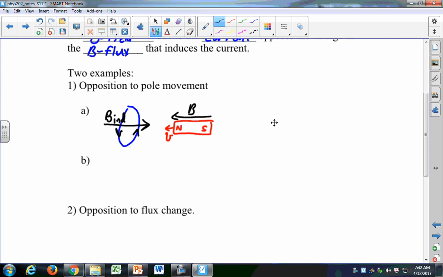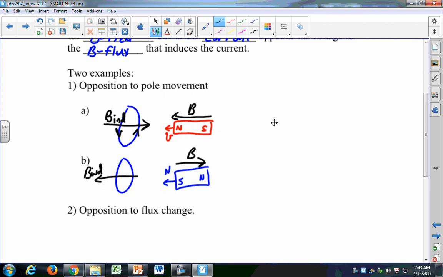And so, similarly, if I have a coil of wire like this, and I have a magnet that looks like this, where now I flip my magnet, so I have my north and my south pole, and I'm still moving it in a direction like this, then the magnetic field of this magnet is going to be in this direction, and so the induced magnetic field will be in this direction.